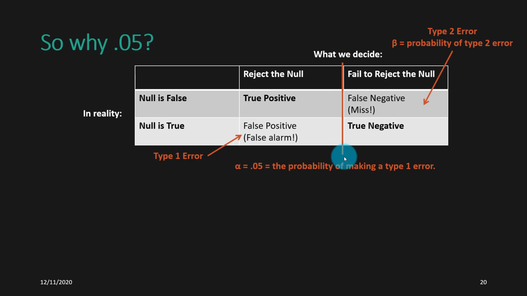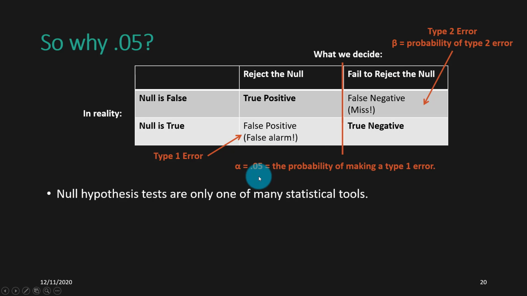And so we can't just set alpha to be super, super low and not expect that to have consequences. And we can't expect to set alpha to be super, super high and not expect that to have consequences. And so what it really comes down to is what's an appropriate level for type 1 and type 2 errors, and that's going to determine what we want to set the beta probability to be and what we want to set the alpha probability to be.